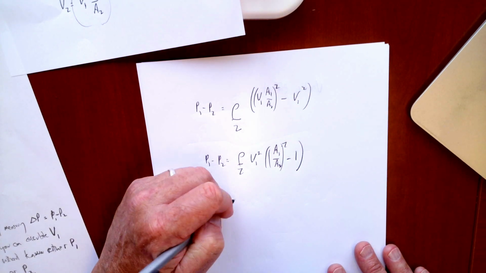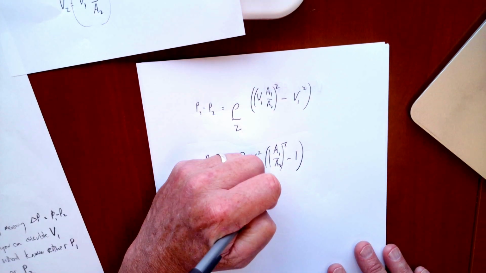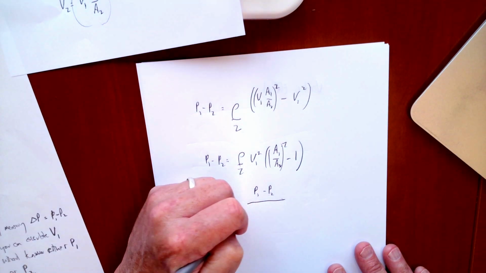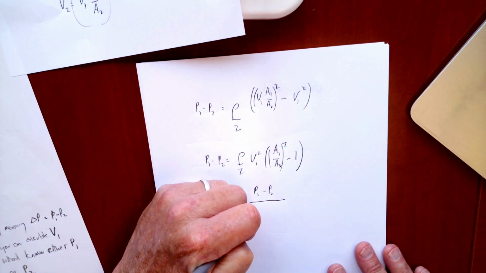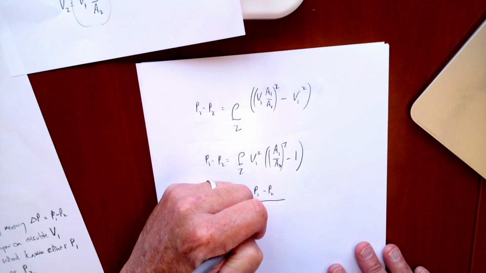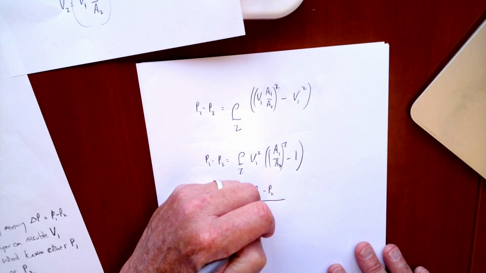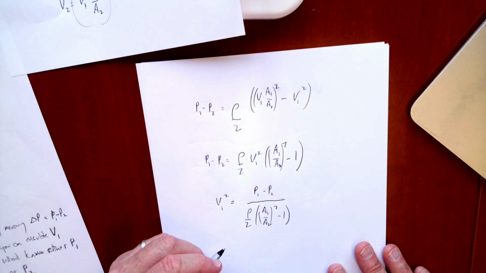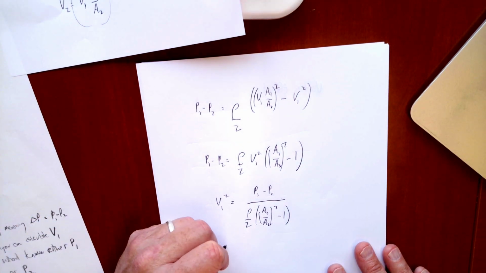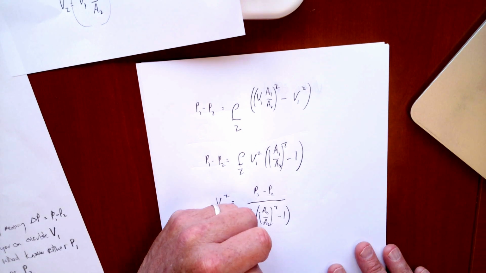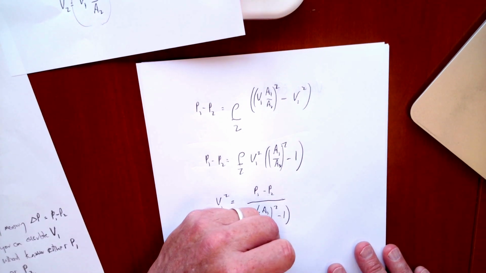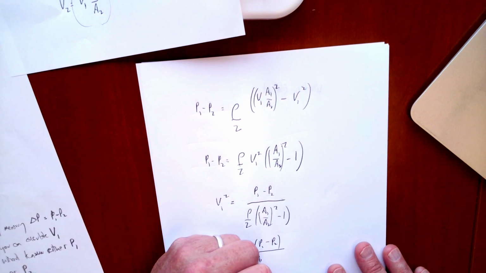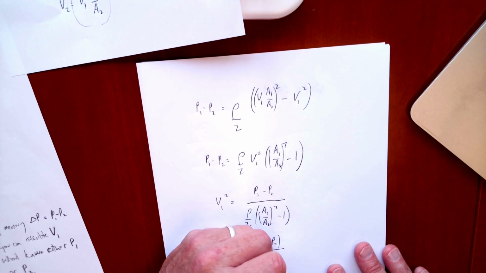V1 squared is equal to P1 minus P2 divided by rho over 2 times (A1 over A2 squared minus 1). I can obviously multiply up and down by 2, so I get V1 squared equal to 2 times (P1 minus P2) divided by rho times (A1 over A2 squared minus 1).